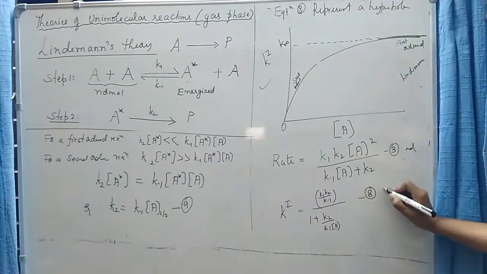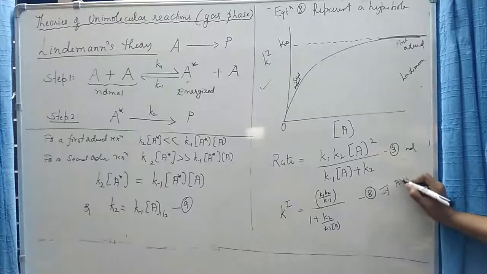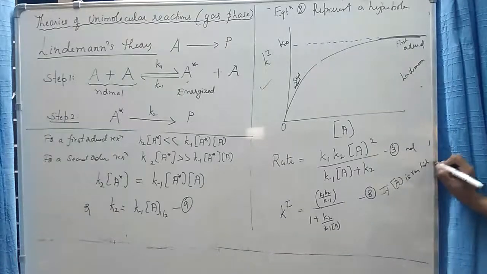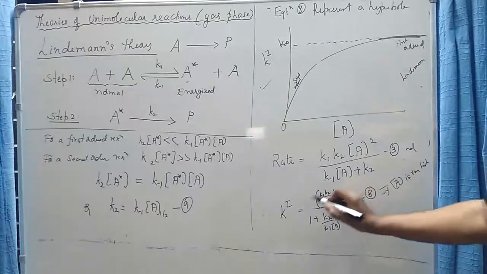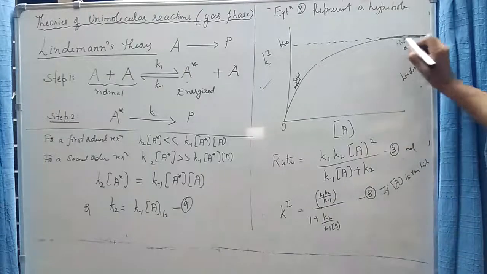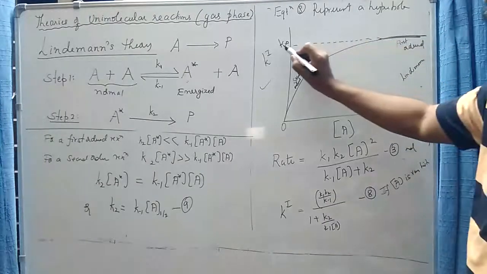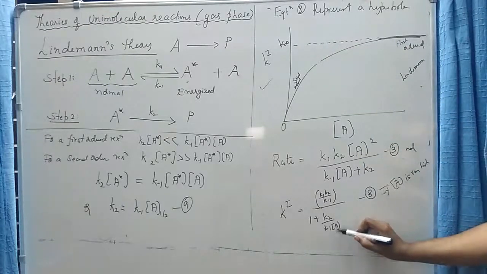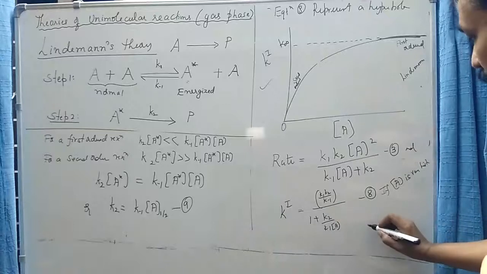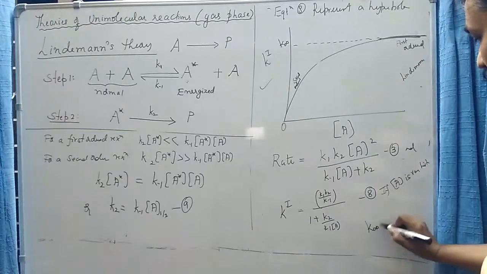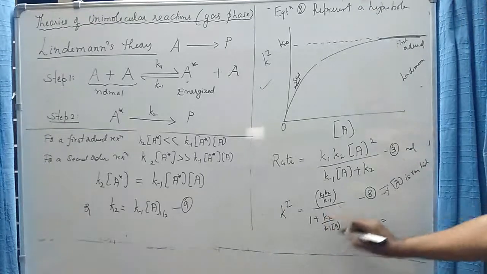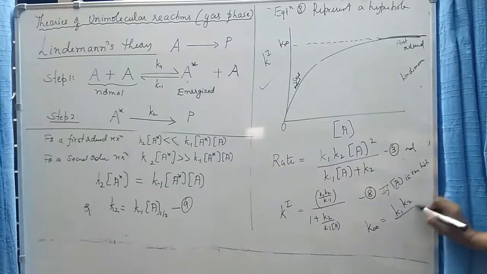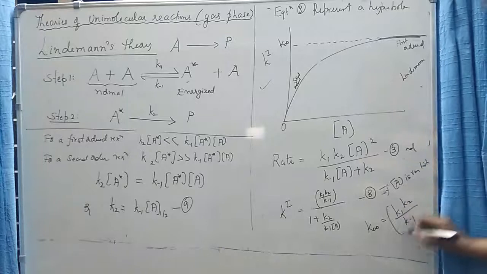So if the concentration of A is very high, then this value reaches the maximum value, and from the graph we can see that the maximum value is K infinity. So if I substitute A as a very high, infinite value, this term becomes 1, and K infinity is equal to K1 into K2 divided by K minus 1.